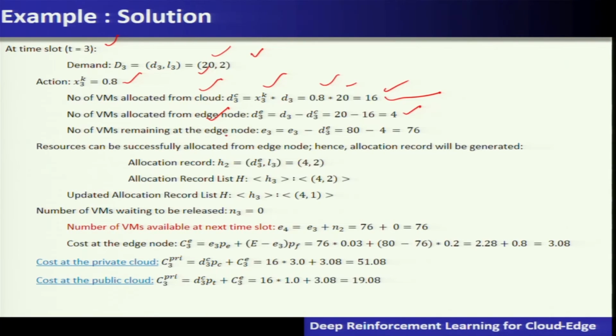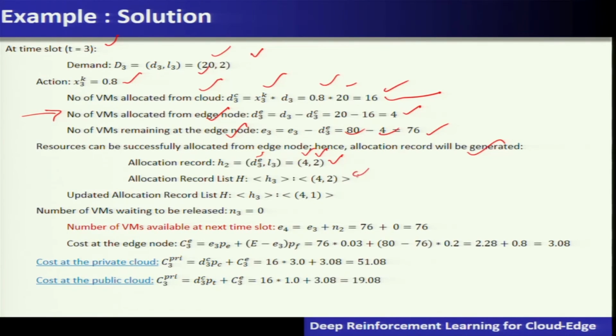So the number of virtual machines still available out of the full capacity will be 80 minus 4, that is 76. The resources can be successfully allocated from the edge node, hence the allocation record will be generated. Let us see that the allocation record is 4.2, which means 4 is the number of virtual machines from the edge, to be allocated for 2 time slots.